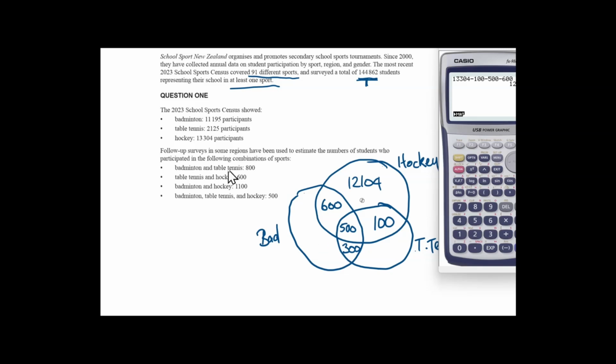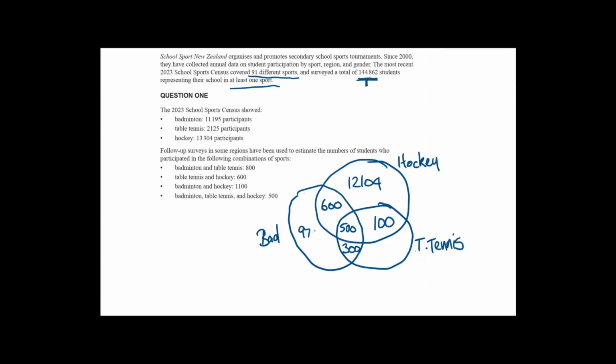And now let's do badminton. Fast forward if you want. So 11,195 minus 600, minus 500, minus 300. That's really rounded numbers, but let's take those with a grain of salt. 9795.